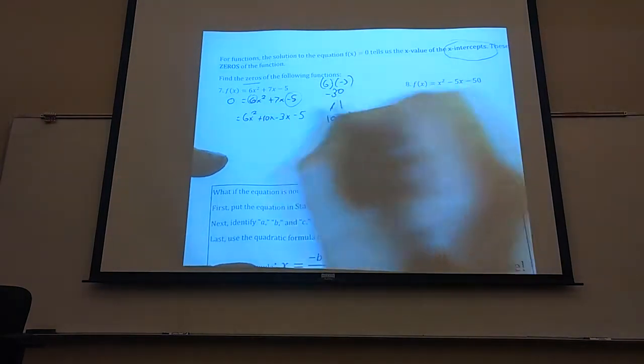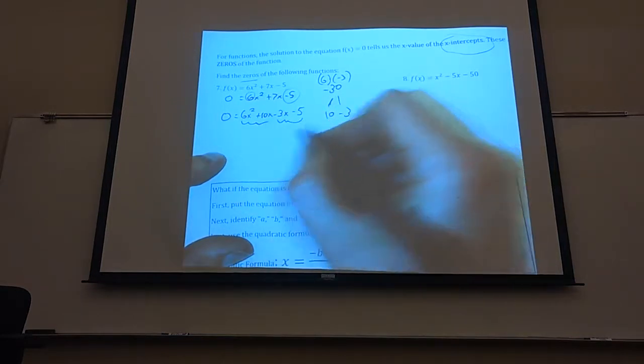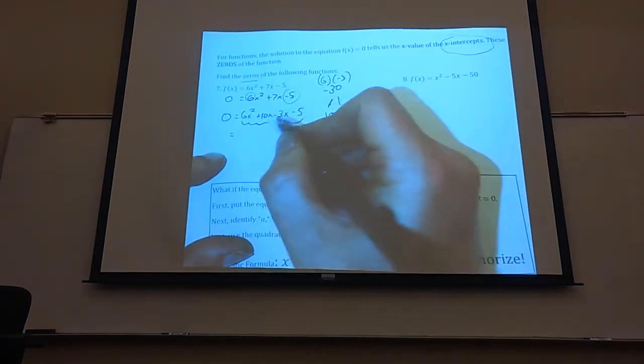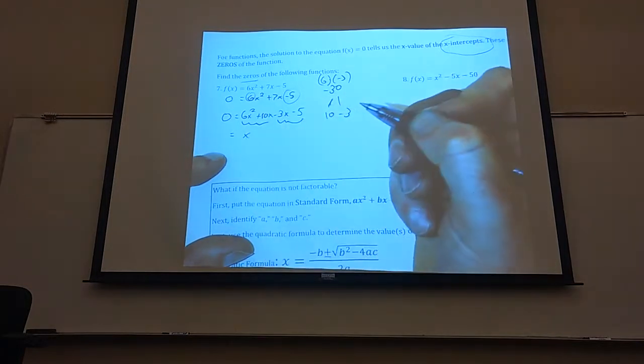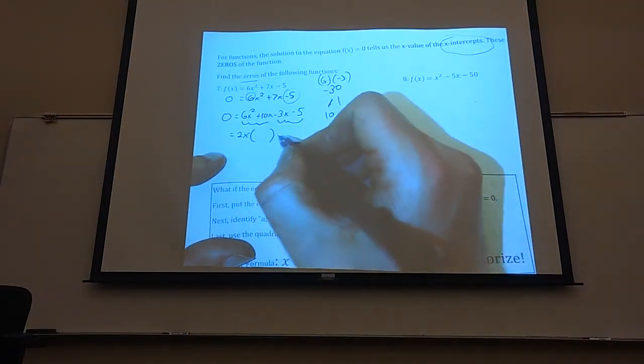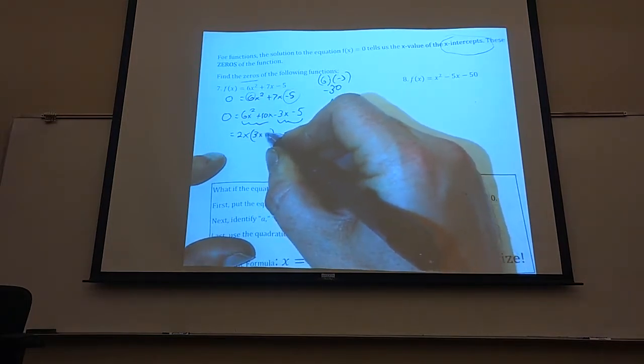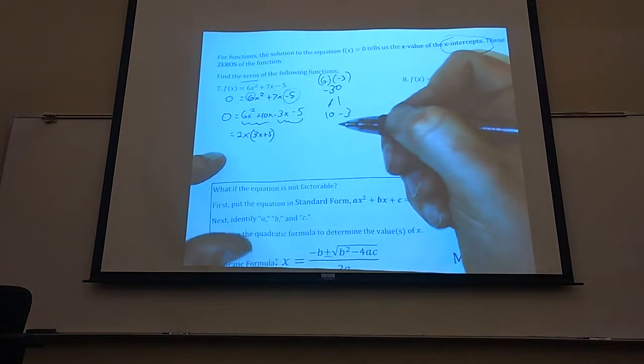I carry down my 5. Can pull out an x. Can pull out a 2. I'm left with 3x plus 5. That looks pretty good.